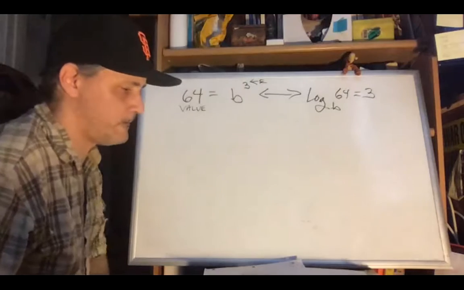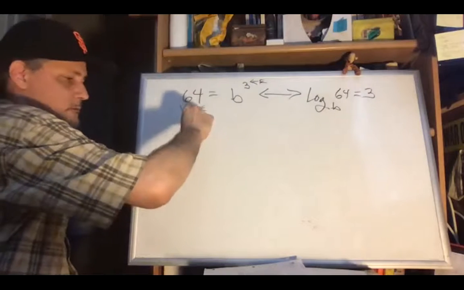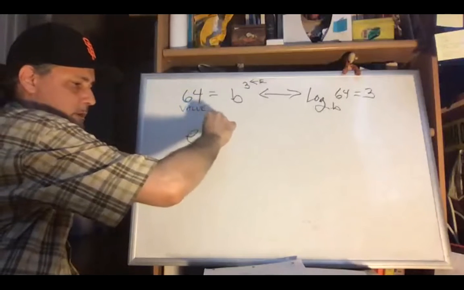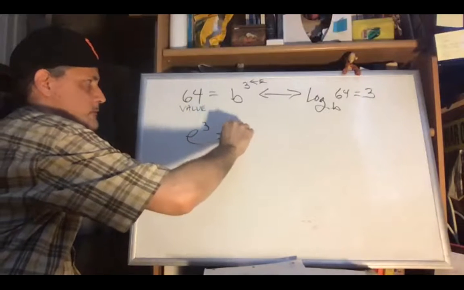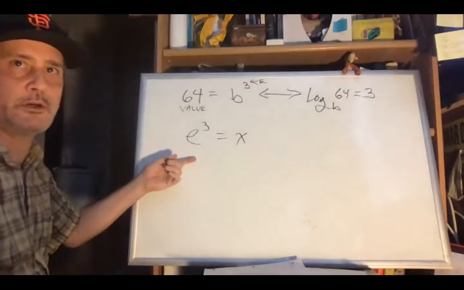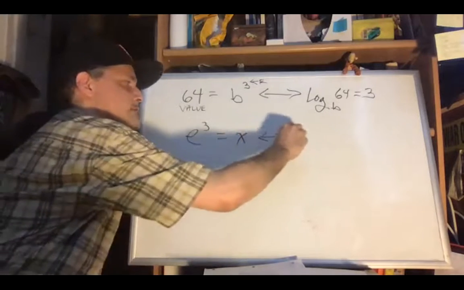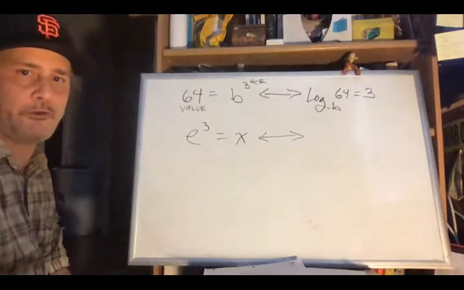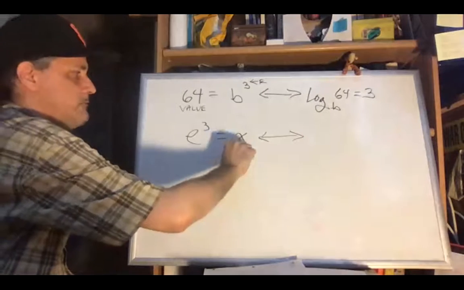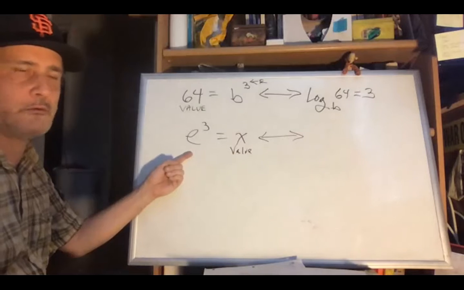Now let's say we had e to the 3rd power equals x. We can solve that: we just get our calculator and raise e to the 3rd power, no problem. But what if we wanted to rearrange this to the logarithmic equation? Well, x would be the value, because that's what we got when we raised the base to the 3rd power.